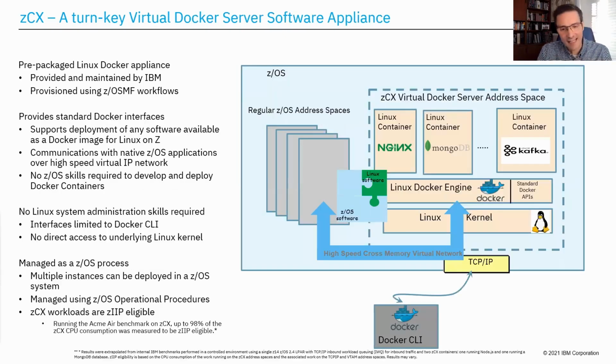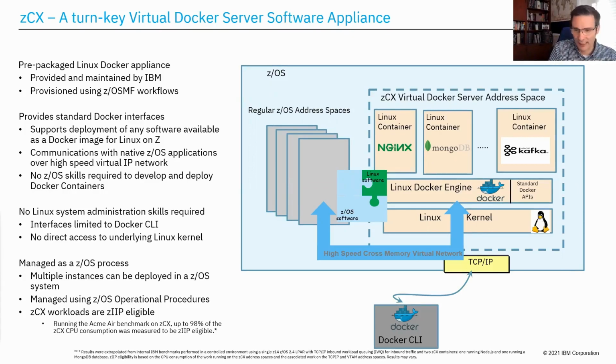Okay, so the last introduction slide is one we had also from the first slide deck. Again, zCX is known as a turnkey virtual Docker server software appliance. It's a tongue twister and a lot of words there. What that means is that IBM pre-packages this appliance code, and so we have all the things you need to run Docker already pre-packaged and provided by IBM.